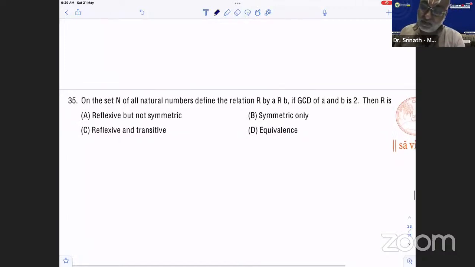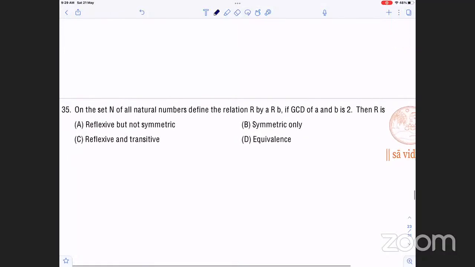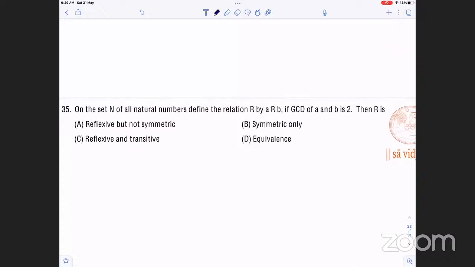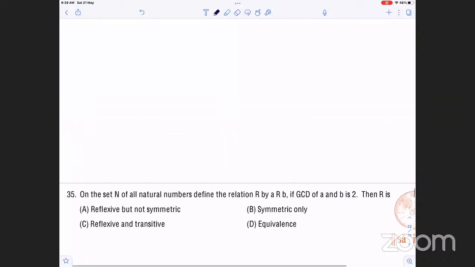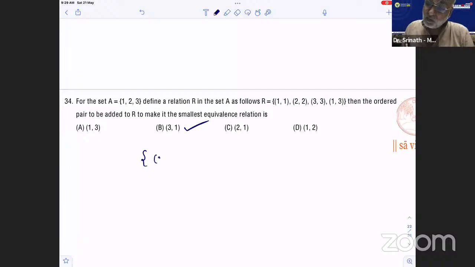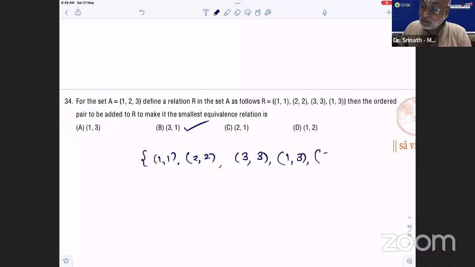On the set of all natural numbers, define the relation: a is related to b. Excuse me, sir. Darshan Y is asking, for the 34th question, how is it transitive? Okay, very good. Suppose I include like this: (1, 1), (2, 2), (3, 3), (1, 3), (3, 1).